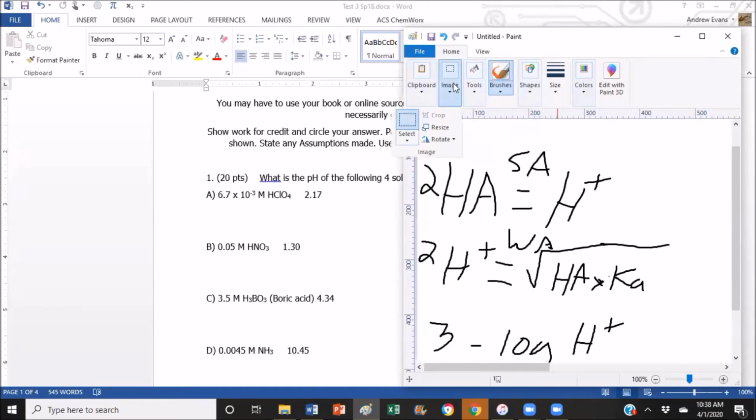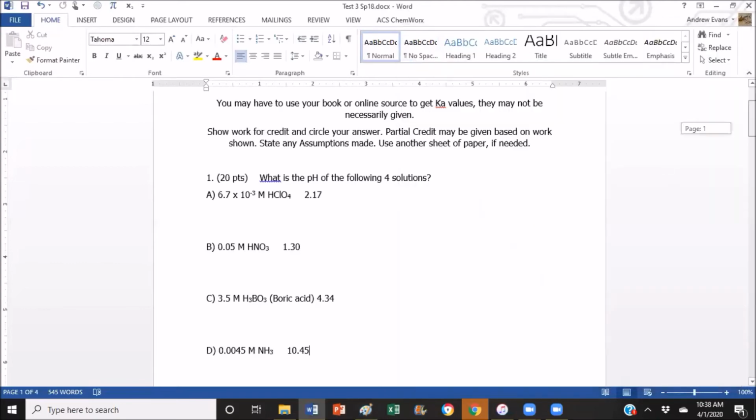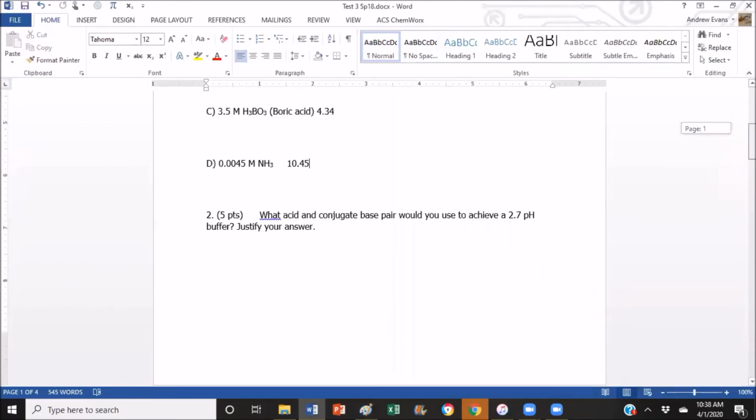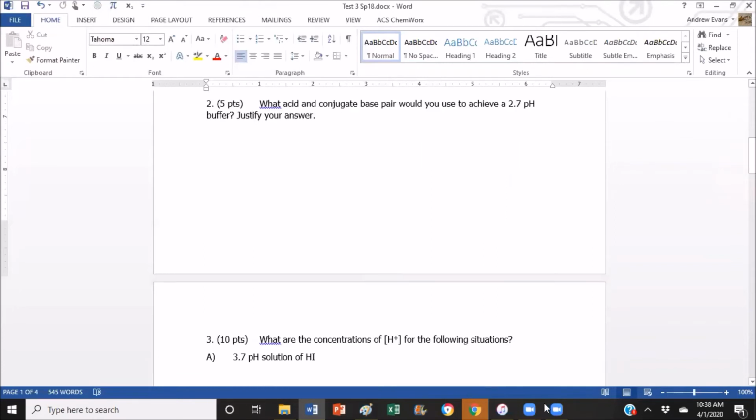Okay, so we did all of 1. Number 2: what acid conjugate base pair would you use to achieve a pH of 2.7? What you've got to remember is the hard and fast rules of buffers.